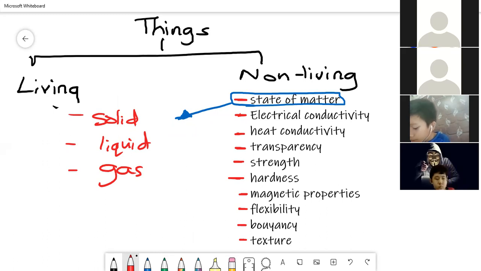Can you group the following items into different groups based on their state? Okay, look at page 48. The things below. The first one is a toy car, right? Are you following me?